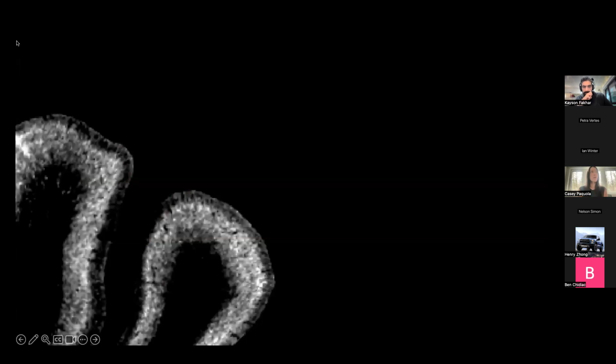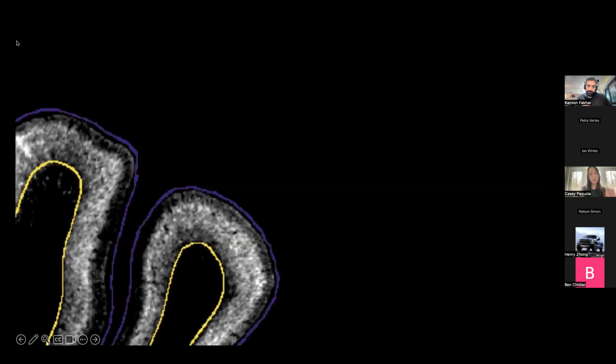We wanted to approach mapping this in as objective a way as possible. So we devised a way, kind of inspired by previous methods in histology as well, to extract depth-wise changes in cell body staining. But important for us, it was to do this in 3D, whereas previously in histology, this had been done mostly in 2D.